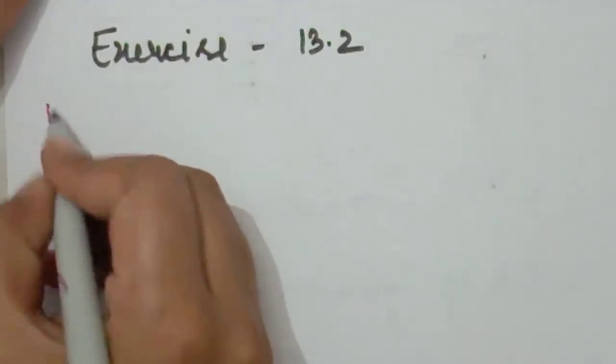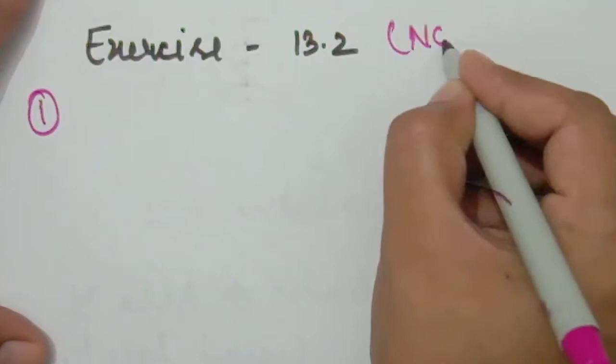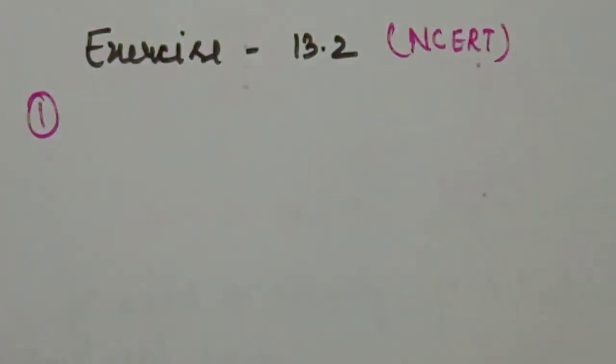So the first question of exercise 13.2 from NCERT: the curved surface area of a right circular cylinder of height 14 centimeter is 88 centimeter square. If you are not able to understand the meaning of the line, you have to read it again.